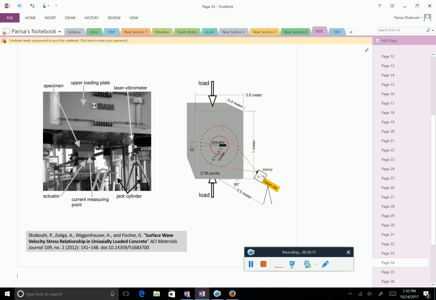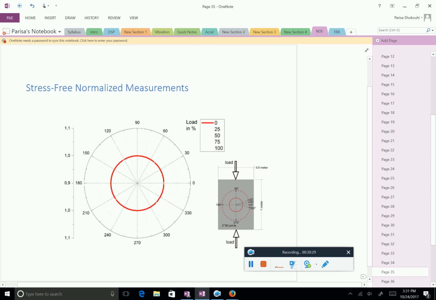So we used a laser vibrometer, like a scanning laser vibrometer. Actuator in the middle, and then a laser vibrometer which was automatically measuring the surface reflection. So what we were looking for was surface wave.